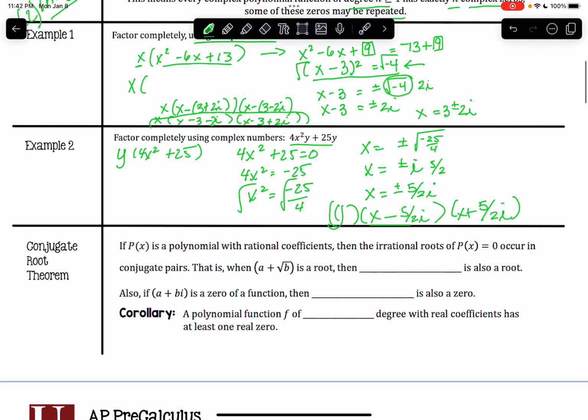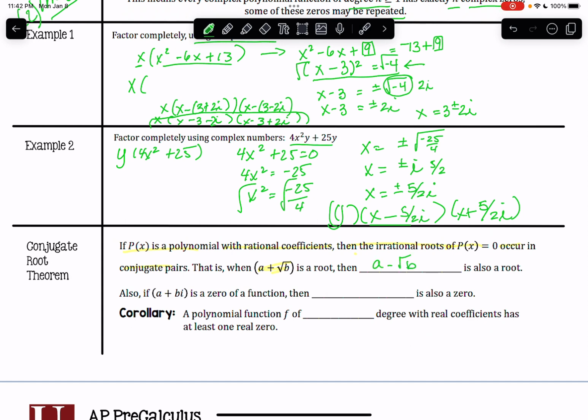All right, so let's just do one last thing on this page. The conjugate root theorem says that if f of x is a polynomial with rational coefficients, then the irrational roots of f equals 0 occur in conjugate pairs. So if you have a plus the square root of b as a root, then so must a minus the square root of b.